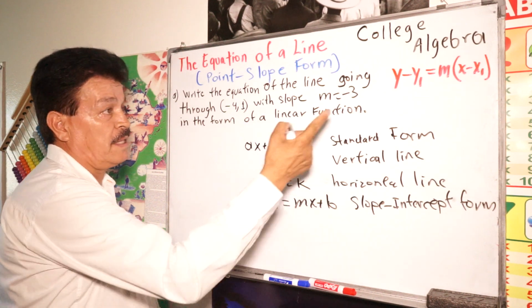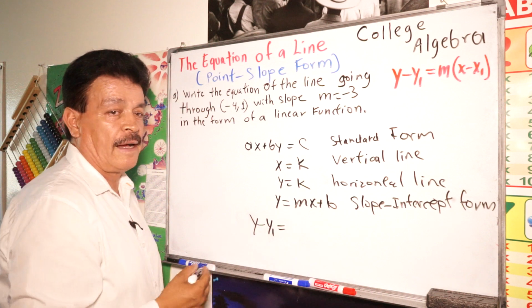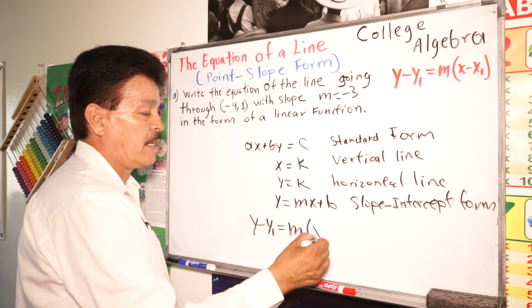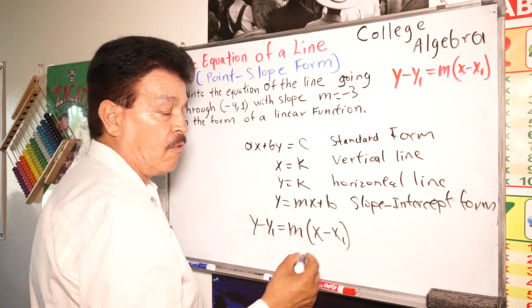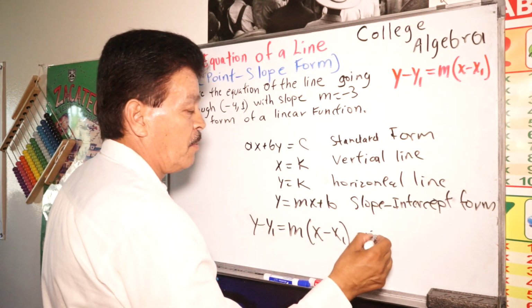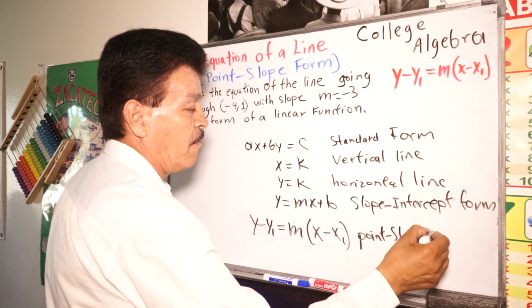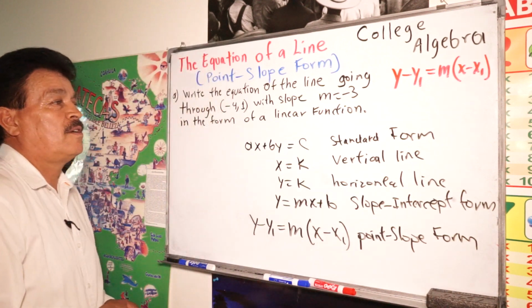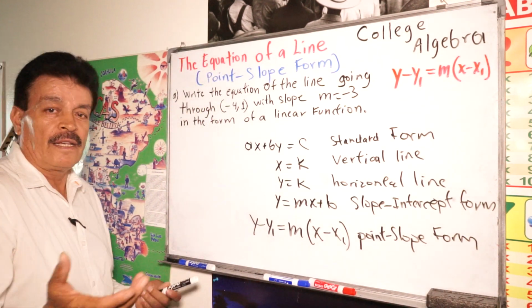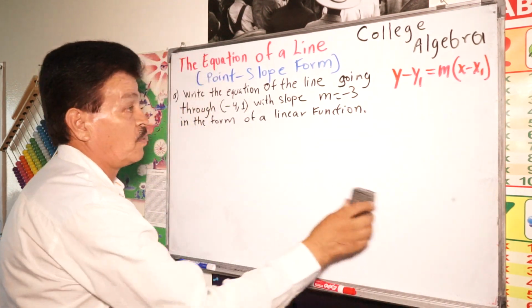Then we have y minus y1 equals m times x minus x1. This is the point-slope form. So just remember to use these ideas before to continue here.